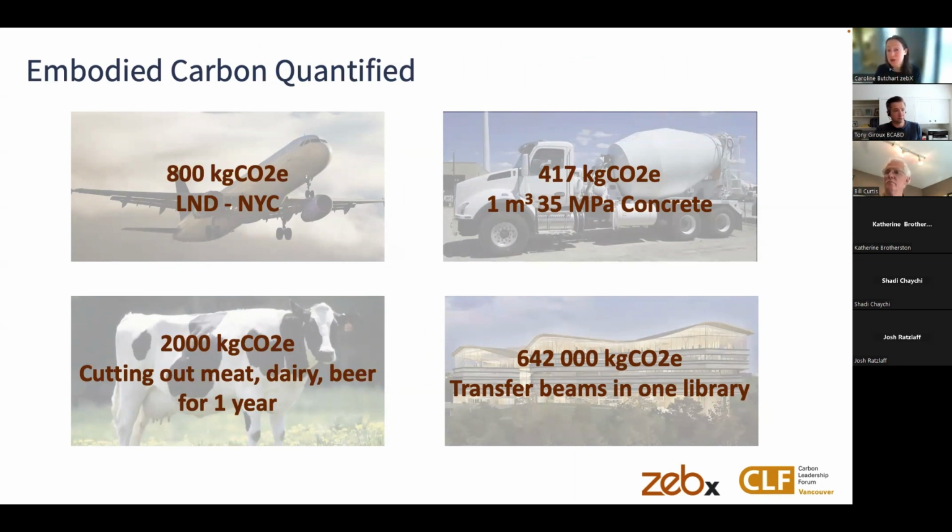Just less than a ton of CO2 equivalent to fly between London and New York. About half of that for 1 meter cubed of 35 MPa concrete, but as many of you know, 1 meter cubed doesn't go very far. Cutting out meat, dairy, and beer for a year, roughly 2 tons of CO2 equivalent per year.